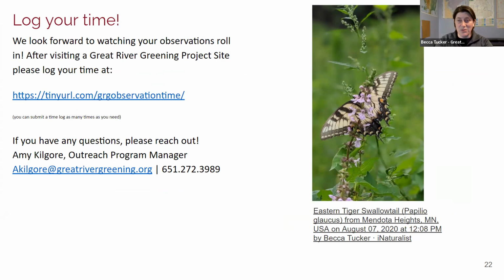It literally could just be out for a walk and taking pictures of the organisms that they're seeing. Again, it doesn't actually have to be insects on this one. It can be largely any observations that you're making on these specific sites. We're definitely interested in giving people credit for their time. As we've mentioned, we value how much time all of this actually takes, especially if it's out walking and uploading pictures and that sort of thing.